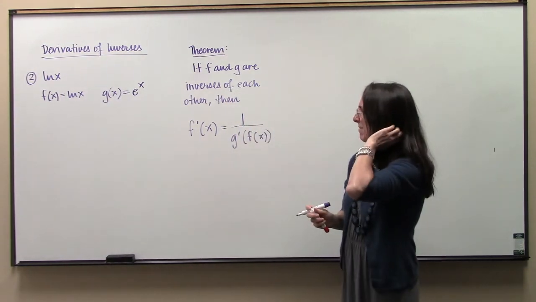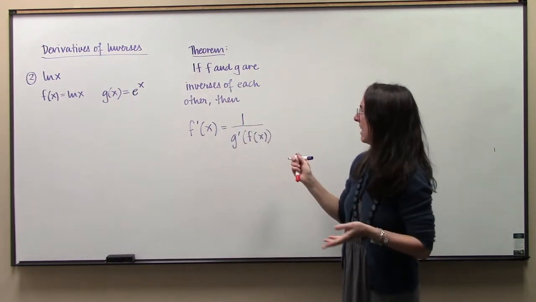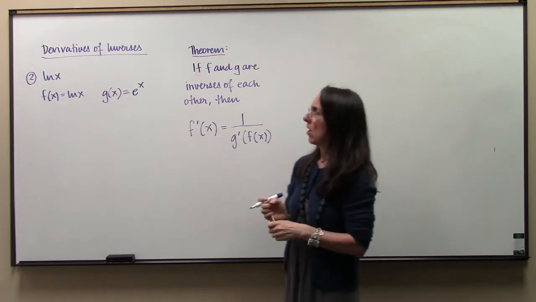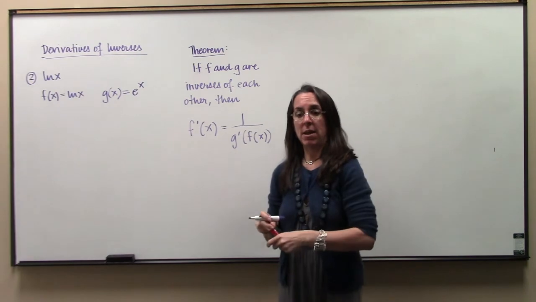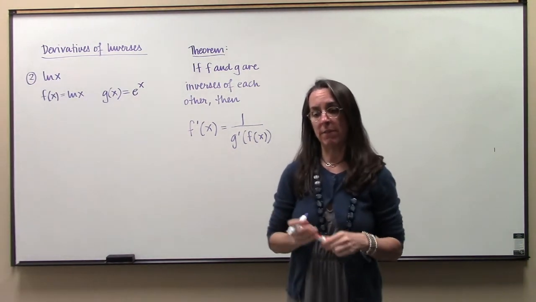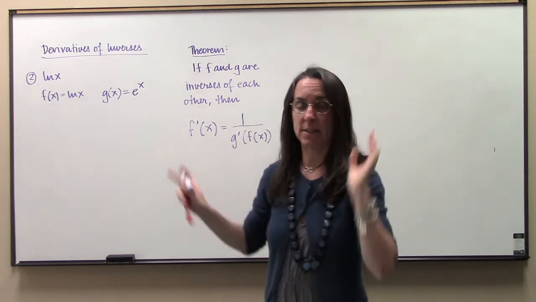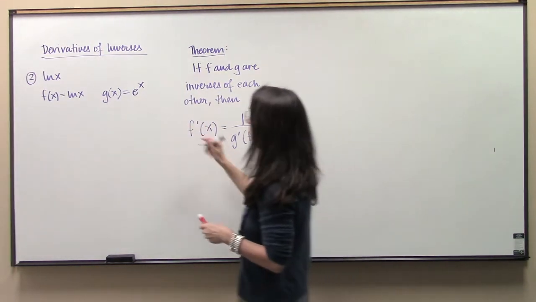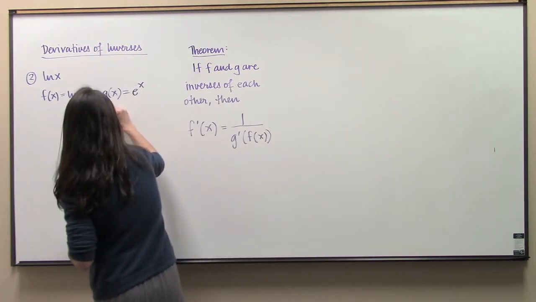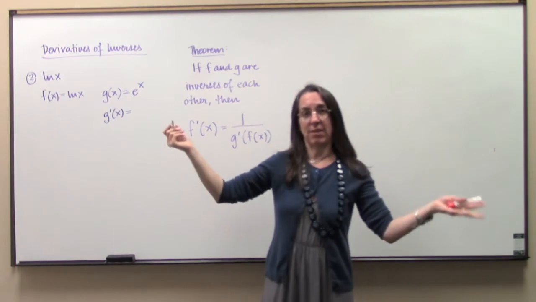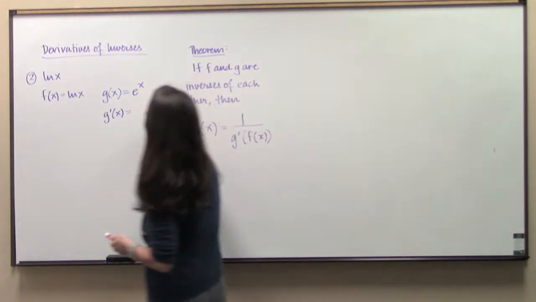Okay, so let's see if we can use this thing to figure out what the derivative of log of x is. The work that I did on the previous video suggests that the derivative of log x is equal to 1 over x. So let's see what we get if we try to use this thing. First of all, g prime is just e to the x, right? We love e to the x.